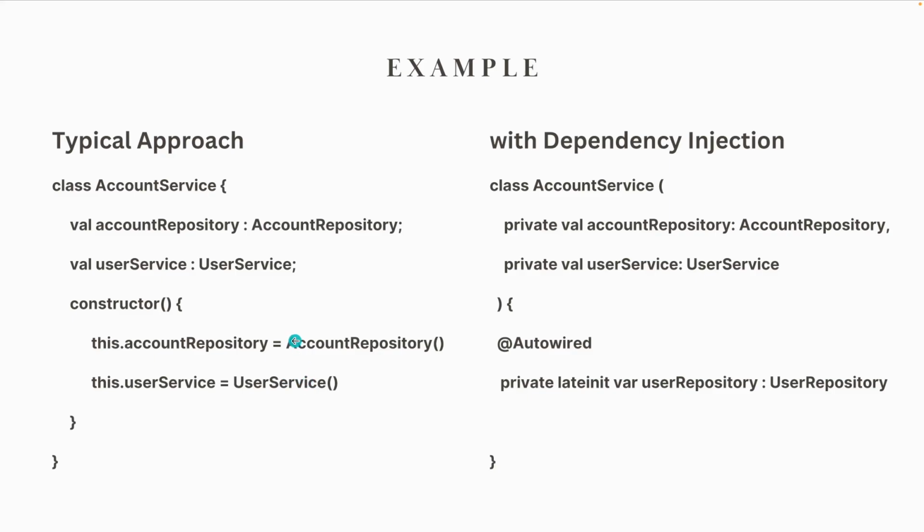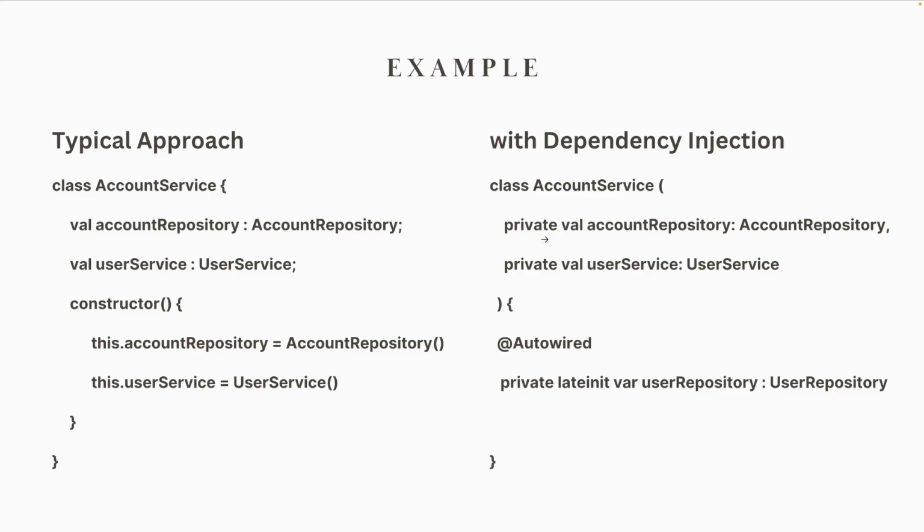We'll have to do that for every single class that has dependencies it needs on startup. We would have to have a constructor and create variables to hold an instance of that dependency that we need. But with dependency injection, all we have to do is pass it as a constructor value.